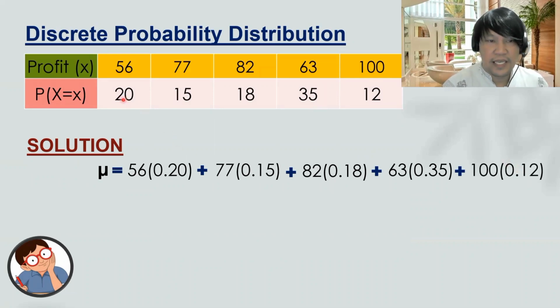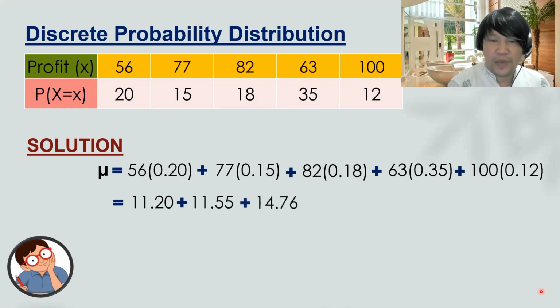As I said, the sum here is equal to 100. Hence, this is divided by 100. Therefore, we do have 0.20, 0.15, 0.18, 0.35, and 0.12. Okay? Then after that, we have to get the product. Okay, therefore, we have 11.20. Next, we do have 11.15. Next, we have 14.76.